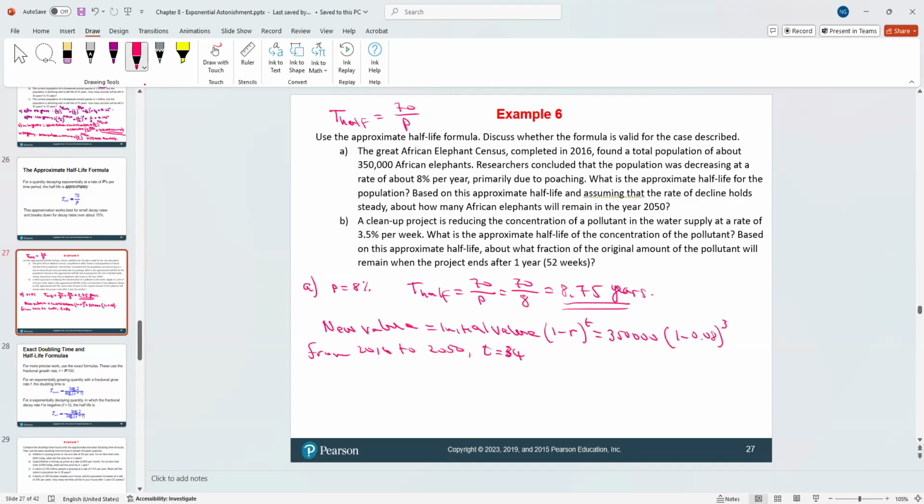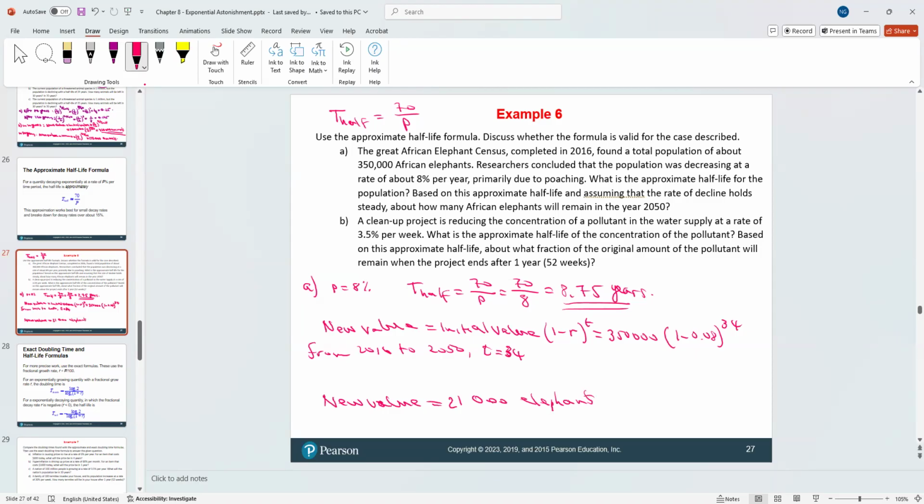So the new value would be 350,000 times all of this. If you plug it in, there would be only about 21,000 elephants left in 34 years, if the population decreases at a rate of 8%.